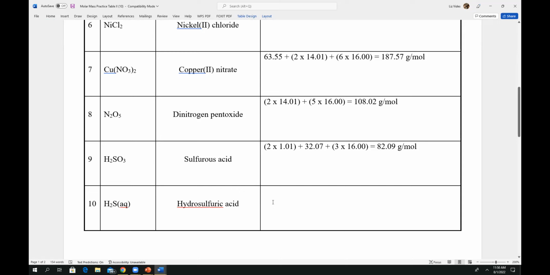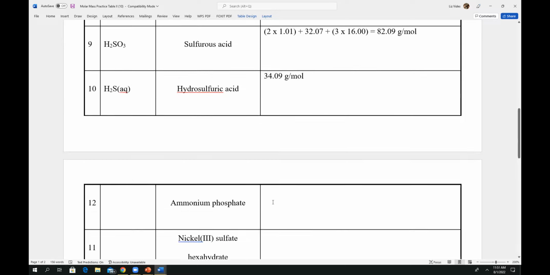It's just 32.07 plus 2.02. 34.09. Let me see again. Yeah, 34.09. And that is grams per mole. Okay, so that's how you do them.